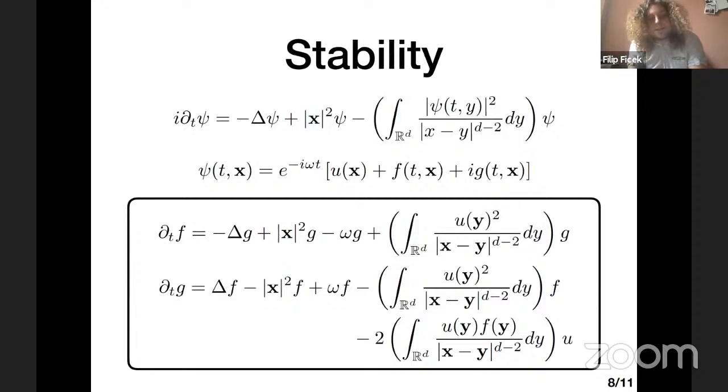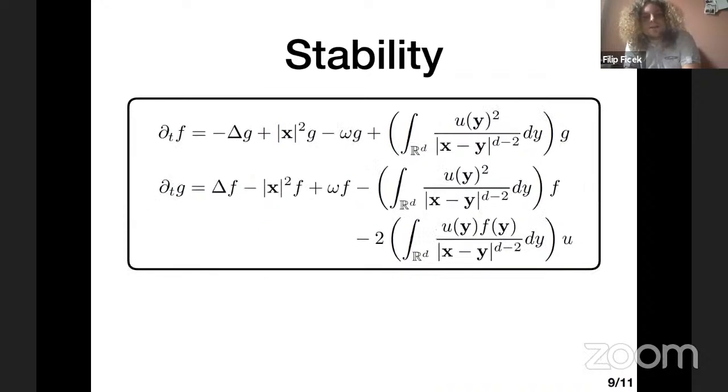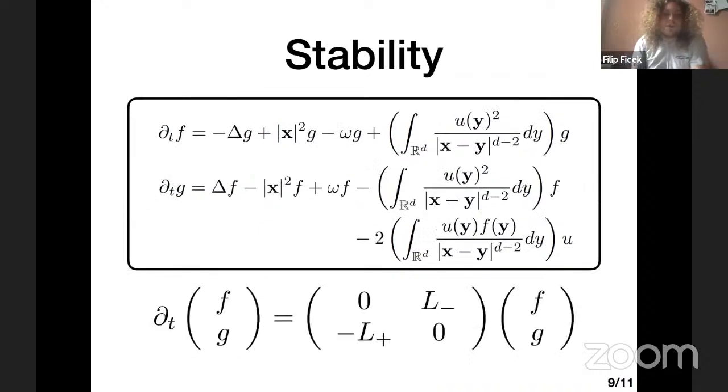On the other hand, the lower equation has the function f inside the integral, so even though it's still a linear operator, it's now non-local, so we need to be a little bit more careful with calculating some stuff connected to it. We can also rewrite these equations in a more compact matrix form, where L minus and L plus are just these linear operators defined by the first and the second equation.